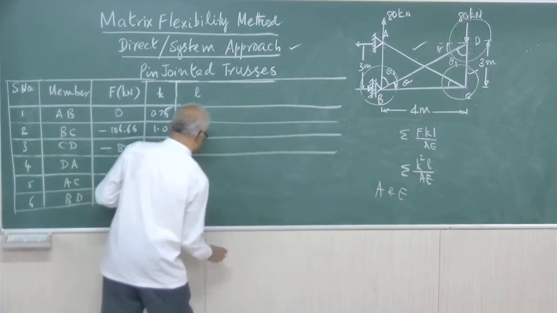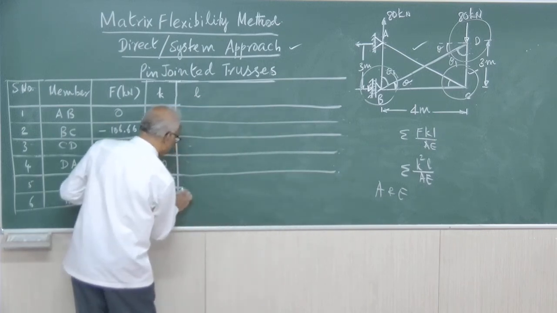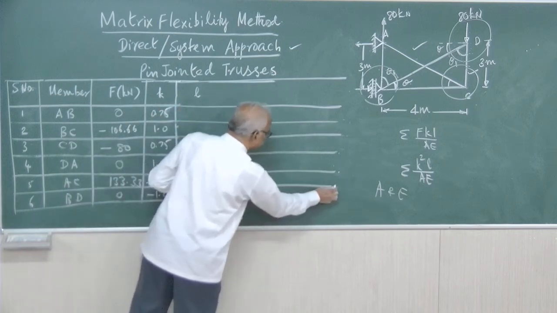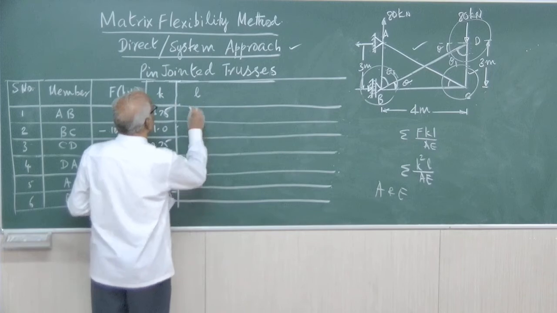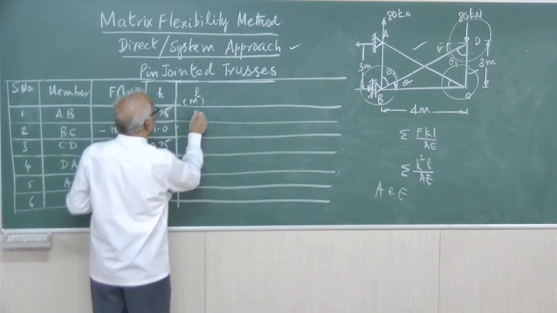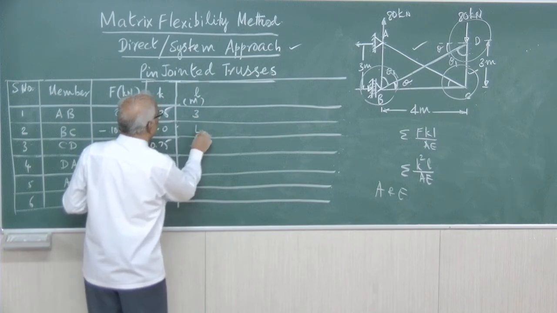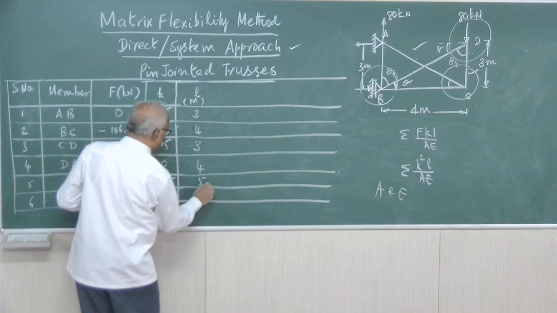Suppose the area is given in terms of millimeter square, then better we write L also in terms of millimeters. Here we can write in meters. For the vertical member it is 3 meters, horizontal member 4 meters, 3 meters, 4 meters, and the diagonal members are both 5 meters.